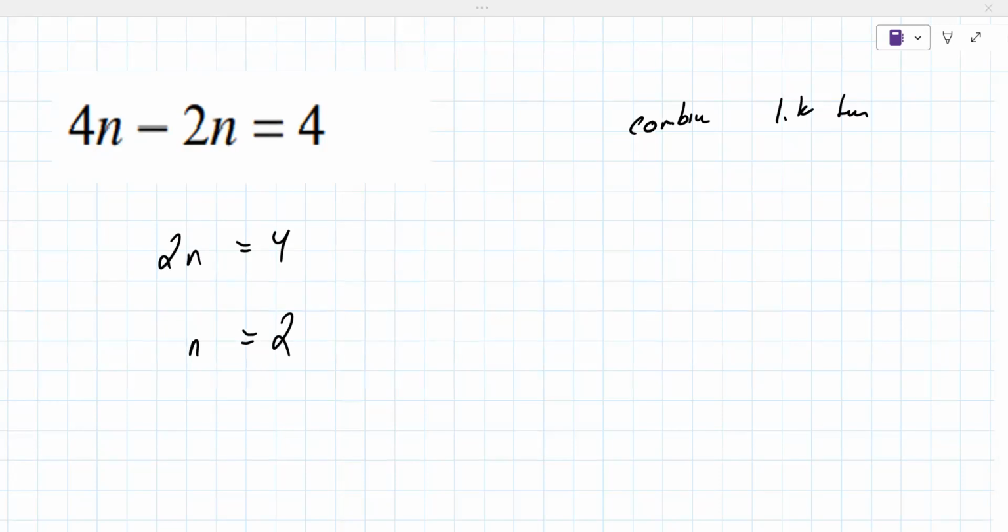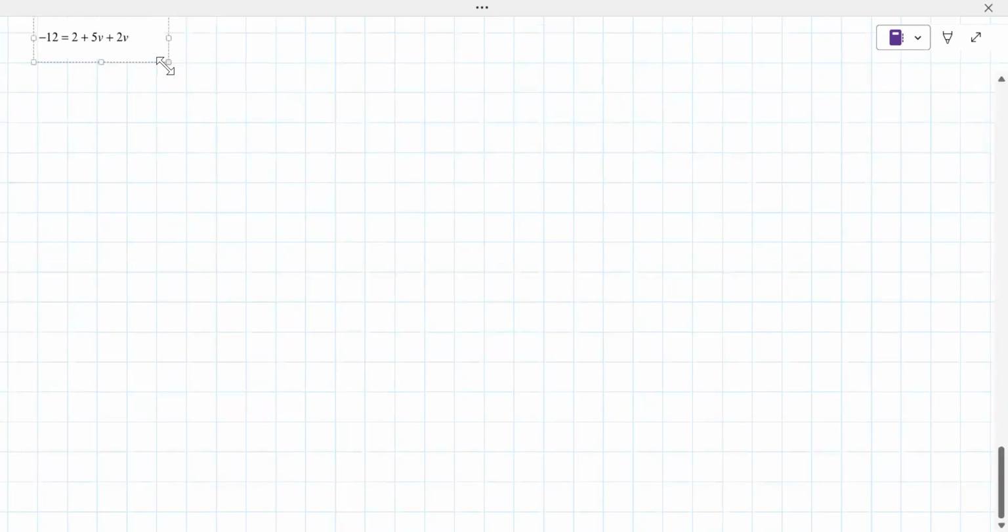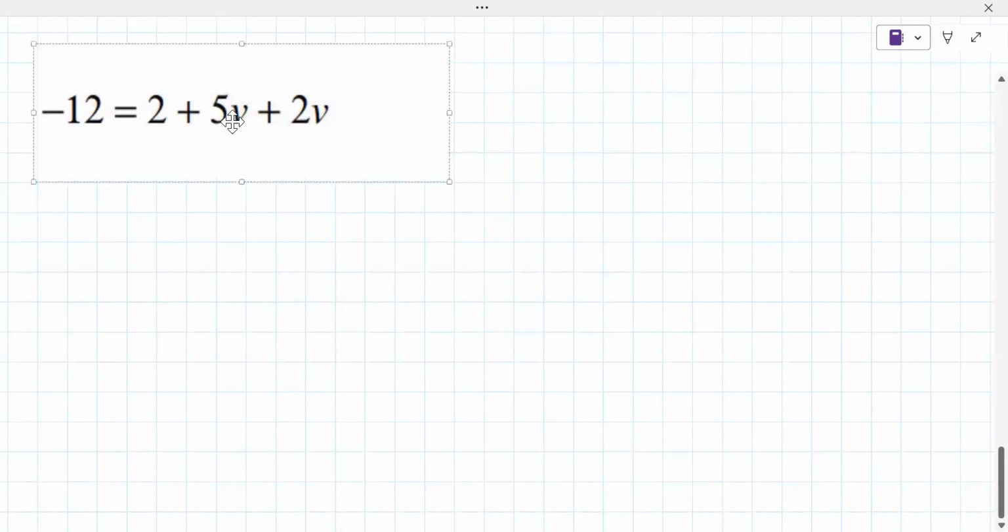All right, so here's one for you to try on your own. It's a little bit more difficult, but we'll see if you're up to the challenge. Take a look at that and let me know what you come up with.